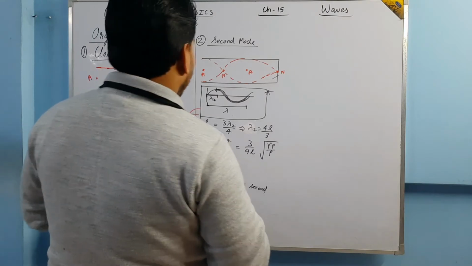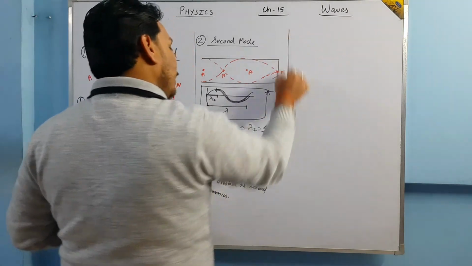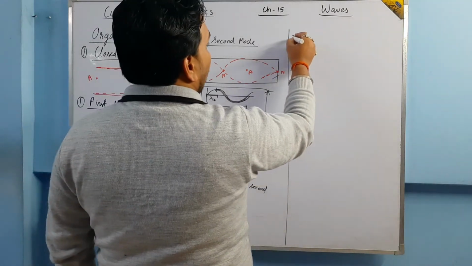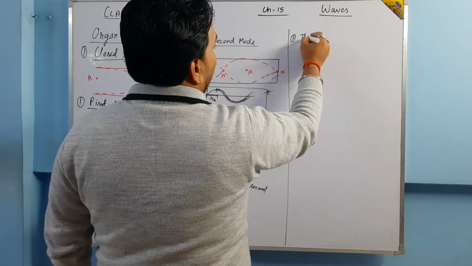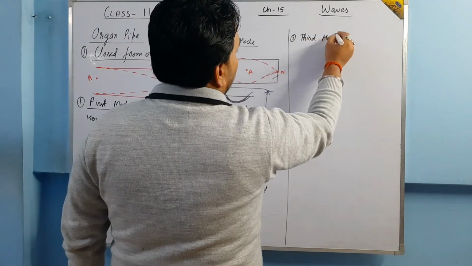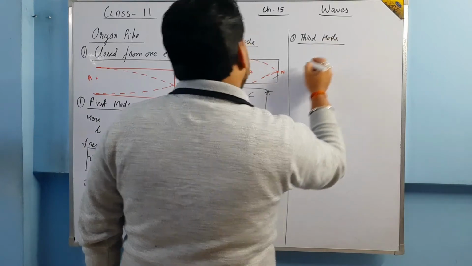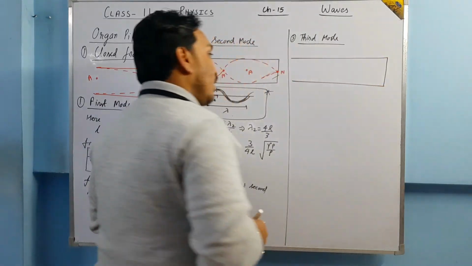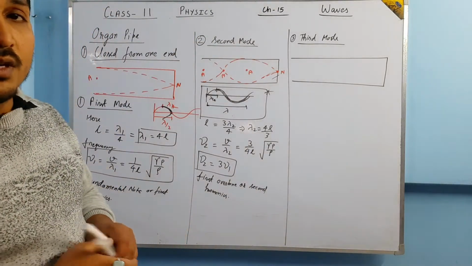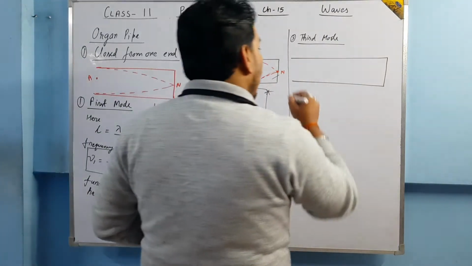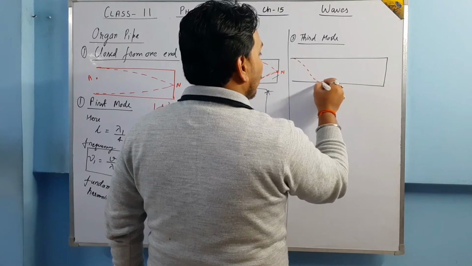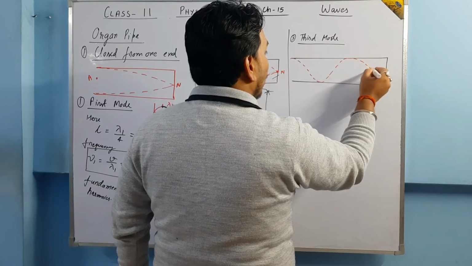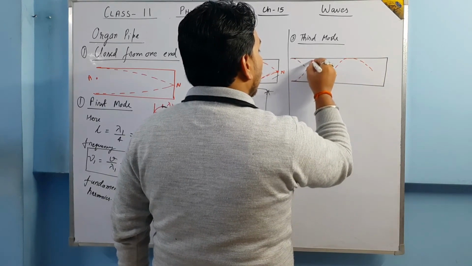Now let us come to the third mode of vibration. Third mode. In this, what happens? The organ pipe is closed from that side. A node has to be formed. So how the wave will be there? Just see. It will be like this.